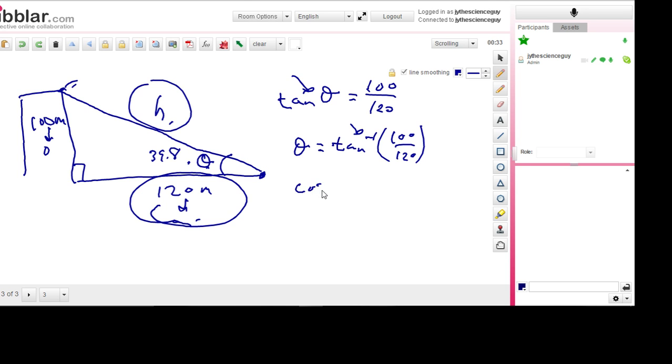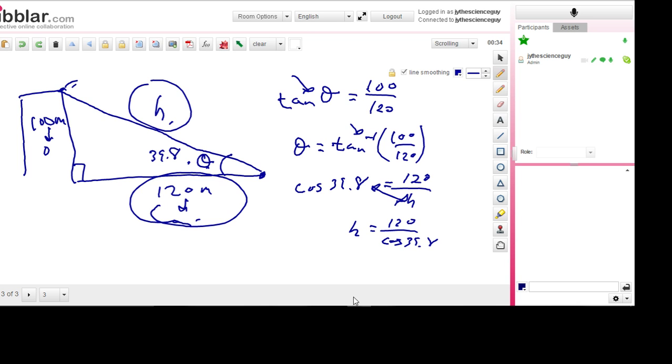So I'm going to say the cosine of 39.8 is equal to what over what? 120 over h, right? 120 over h. Now, when the h is on the bottom there, these two things just switch places. Okay. So h is equal to 120 over the cosine of 39.8.